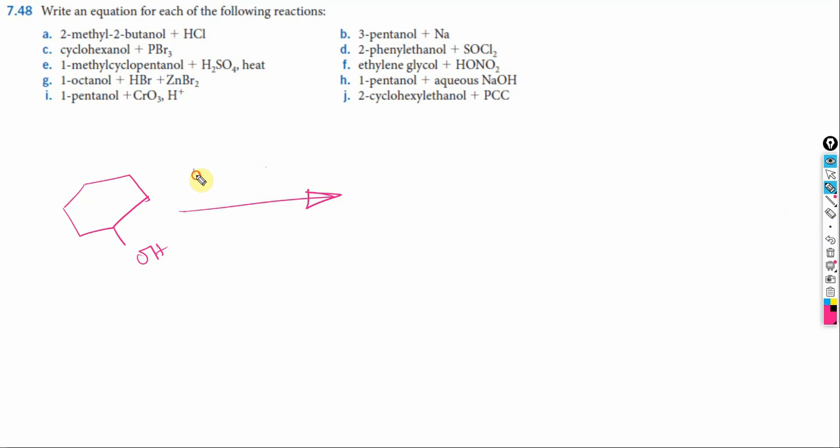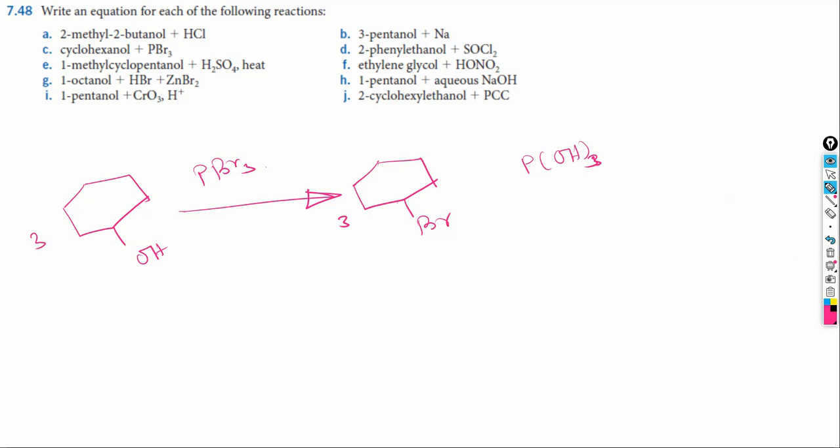So if you have PBr3, you're going to get bromocyclohexane as the product, and essentially you have 3 alcohols reacting with PBr3 to give you the trihydroxy derivative as the byproduct. Alright, so you get 3 of the alkyl halide and P(OH)3.